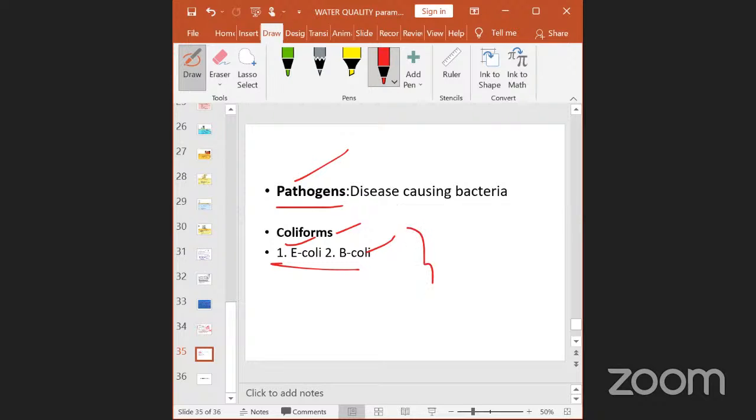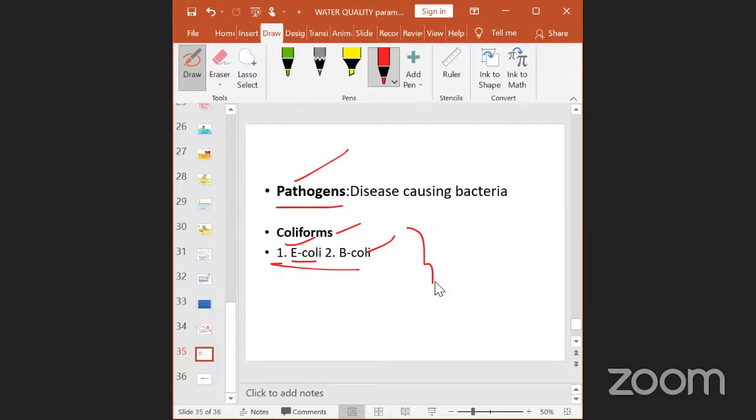These are harmless aerobic microorganisms, found in the intestine of all warm-blooded animals and in their excreta.